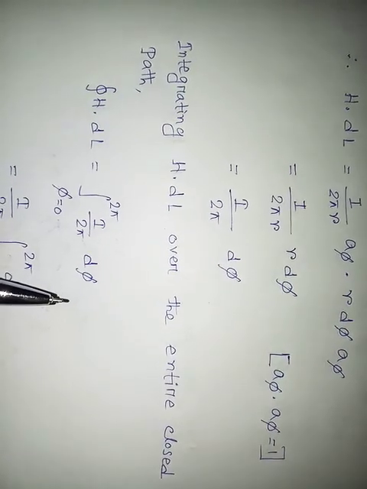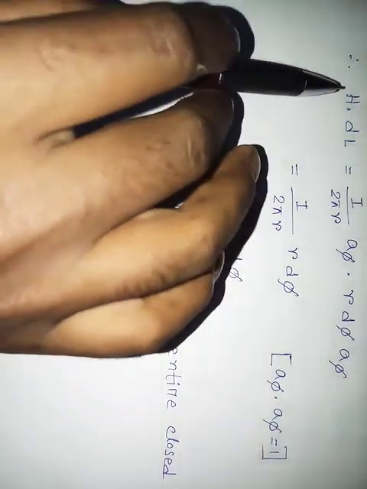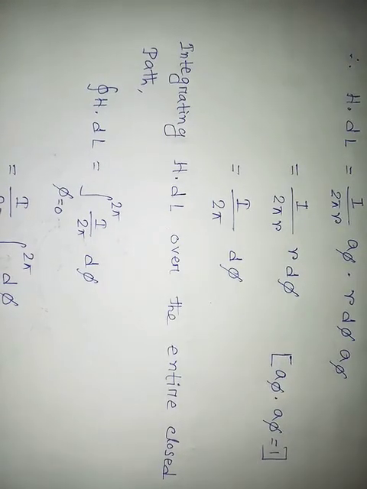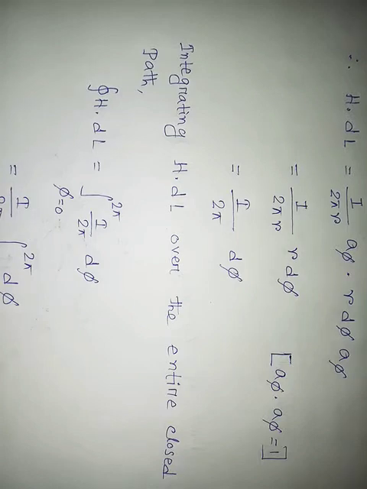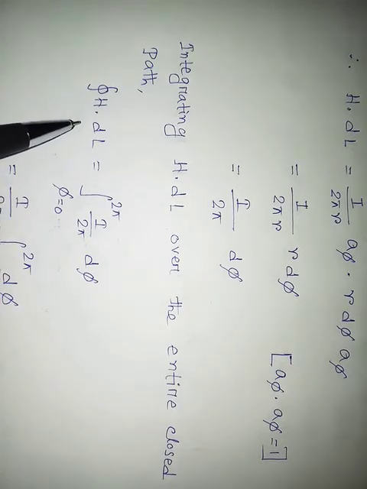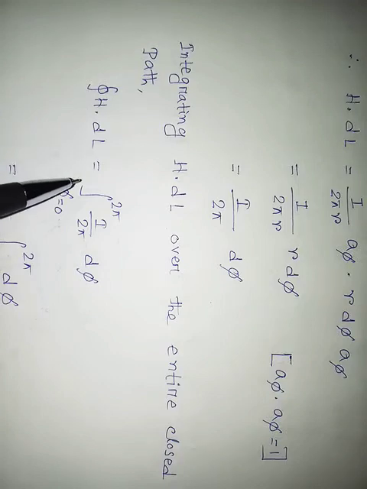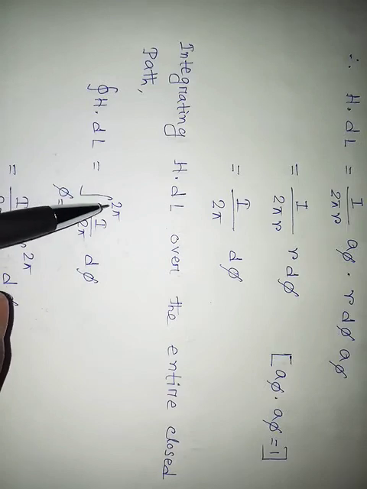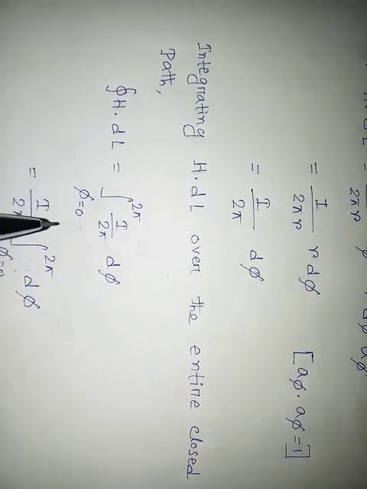Now we take the closed integral of magnetic field intensity along the closed path or differential length. This is the closed integral of magnetic field intensity with respect to its closed path, and on the other side we also take a closed path. Our conductor is always in a circular shape, and in circular shape the coordinates are rho, phi, z.